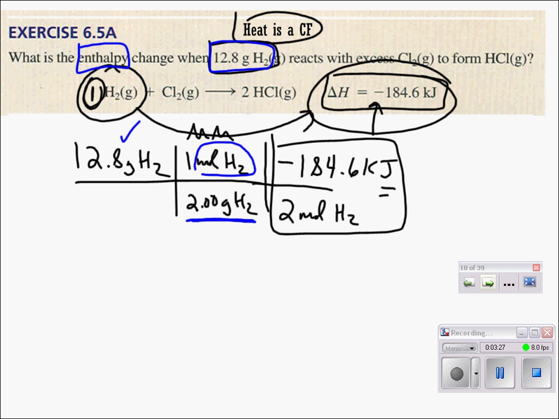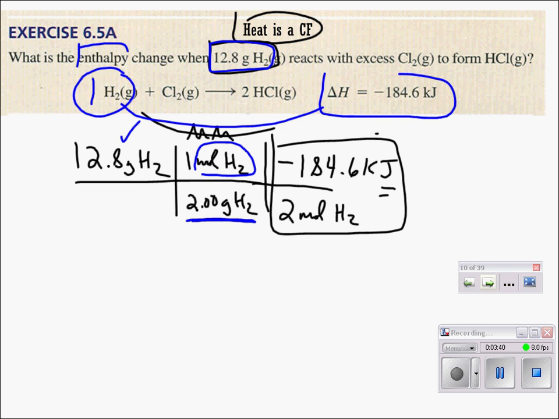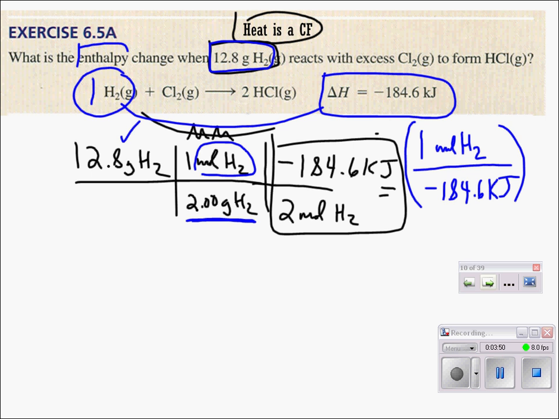Remember, when you look at a reaction, the coefficient of H2 in this reaction is 1. So mathematically, the ratio is 1 mole of H2 equal to negative 184.6 kilojoules. Therefore, that makes a conversion factor.